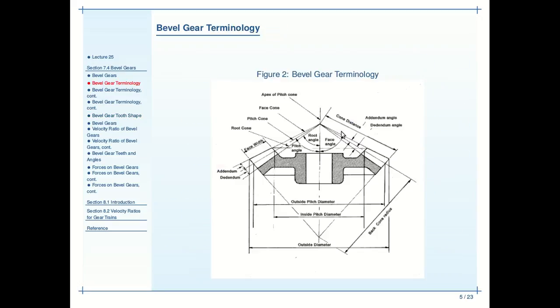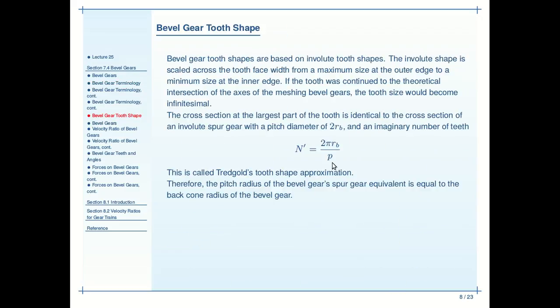So again, if I go back and take a look at this, here is my back cone radius, and what we would say is that the pitch diameter is 2 times that for the size of tooth that would be on a bevel gear. You can also look at it as having an imaginary number of teeth based on this equation.